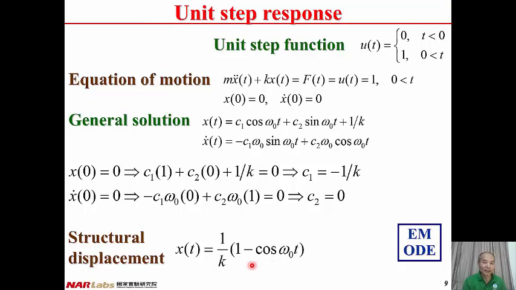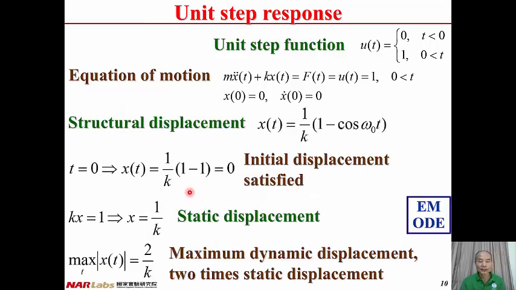But it does not vibrate about 0. It vibrates about 1 divided by k. When t equal to 0, x(t) equal to 1 divided by k times 1 minus 1, because cosine 0 equal to 1, and then we have x equal to 0. Therefore, this equation satisfies the initial condition.